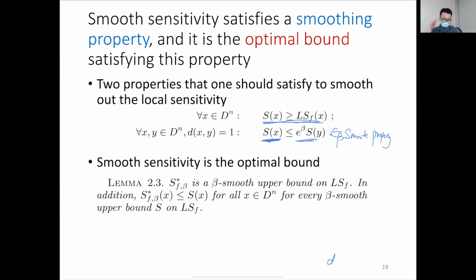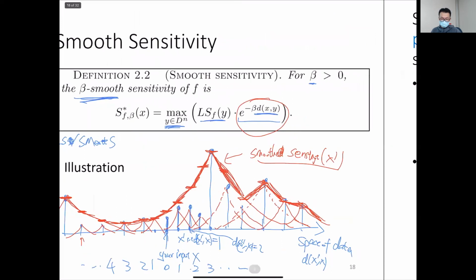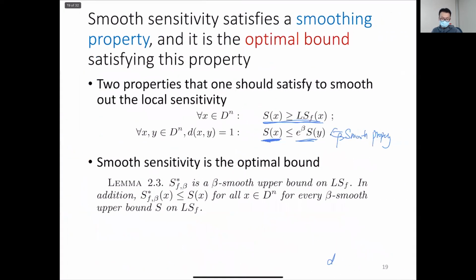Yeah, so we'll show that the smooth sensitivity that we constructed earlier satisfies this beta smooth property now, and then we'll go to our break. Okay, so there are two properties that need to be established.